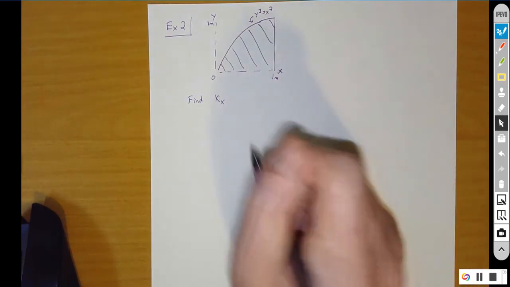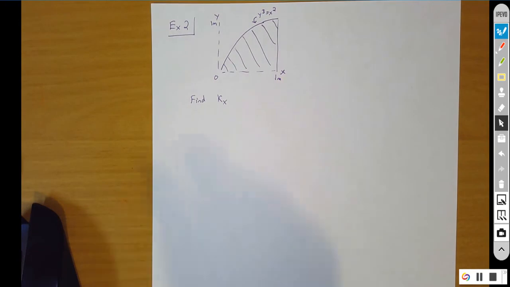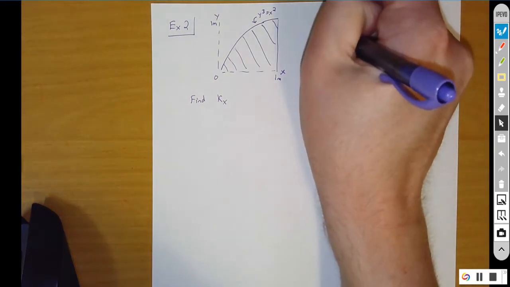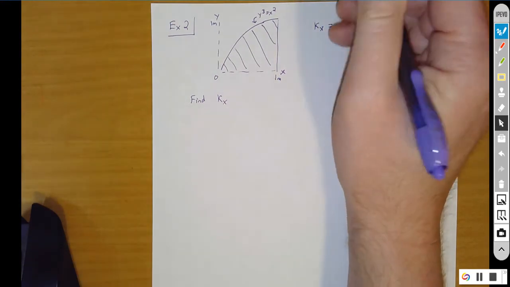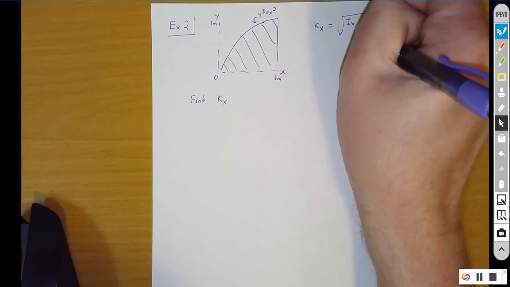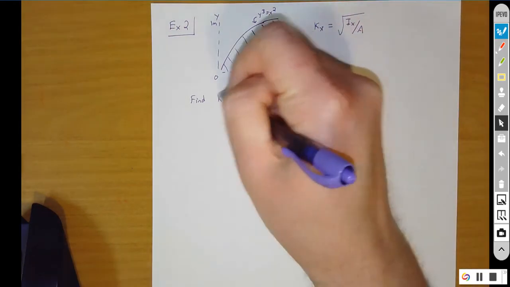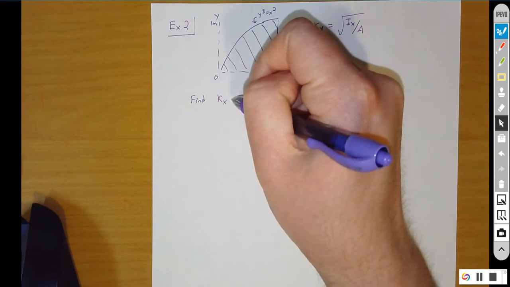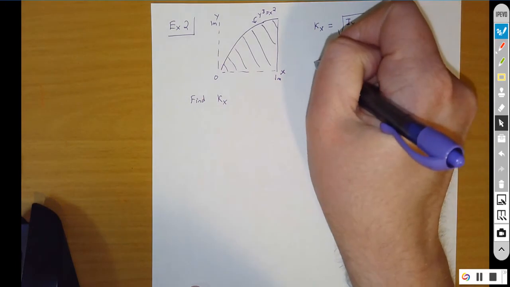So there's a relationship between radius of gyration and area moment of inertia. kx can be calculated as the square root of Ix divided by A. Normally you're not going to be asked to find the radius of gyration for a shape, but you may be given the radius of gyration.